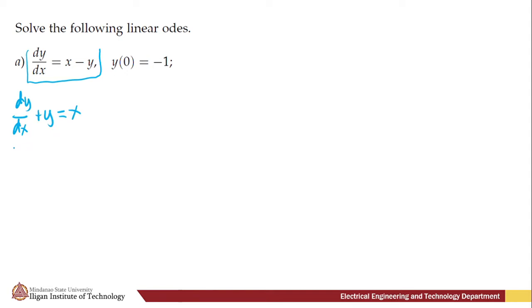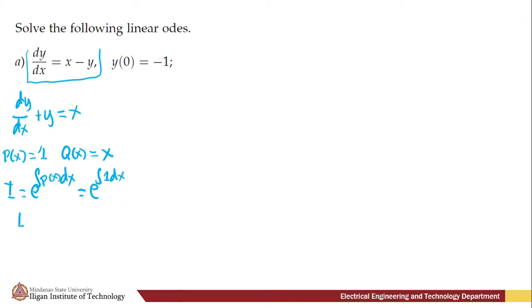Now, the value of our p of x is equal to 1, and the value of our q of x is equal to x. Now for our integrating factor, we have e raised to the integral of p of x dx. So e raised to the integral of 1 dx.